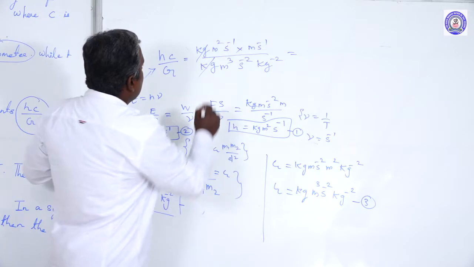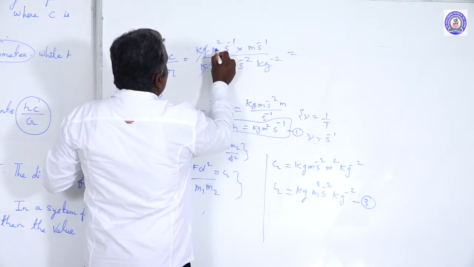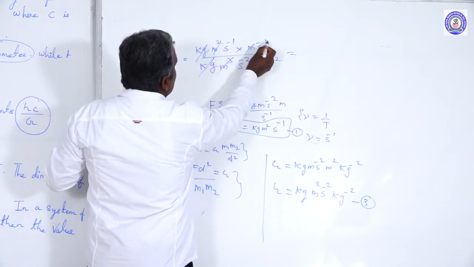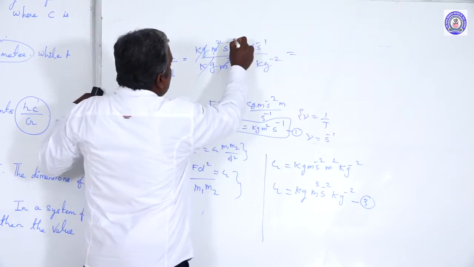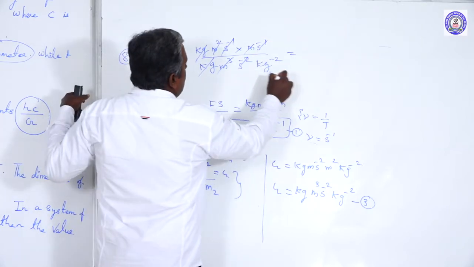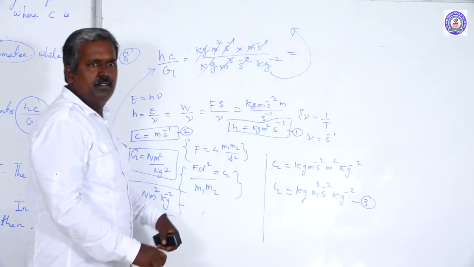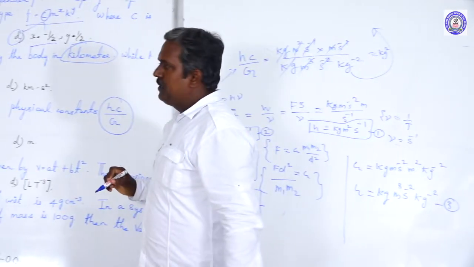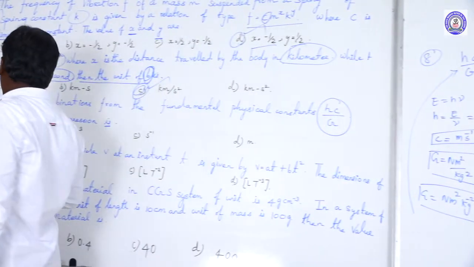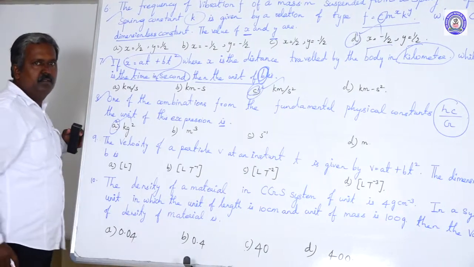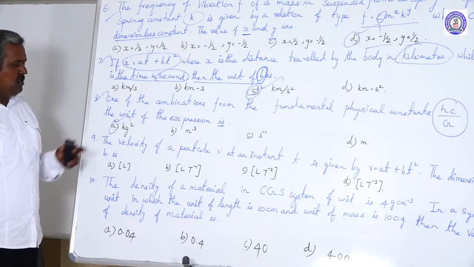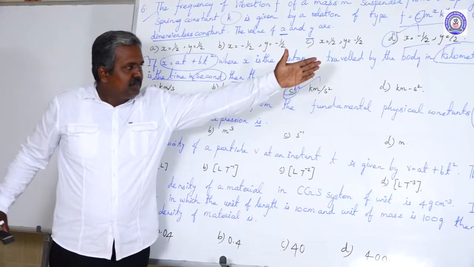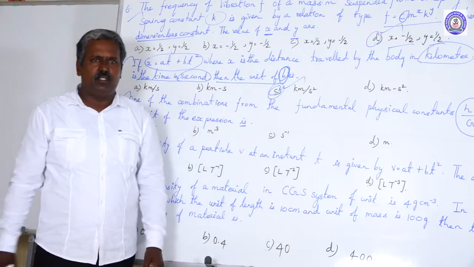Am I correct or not? Kg cancels. M power 2, M power 1, so M power 3 cancels. S power minus 1, S power minus 1, so S power minus 2 cancels. That's all. Correct? Therefore kilograms. That is the unit of hc by G. That's all.